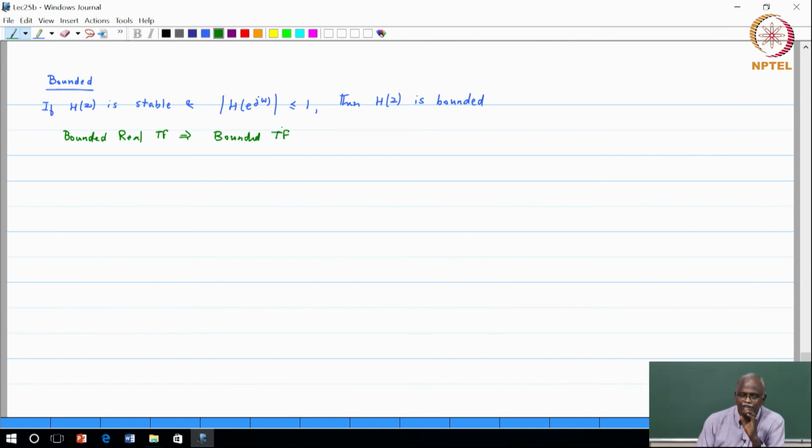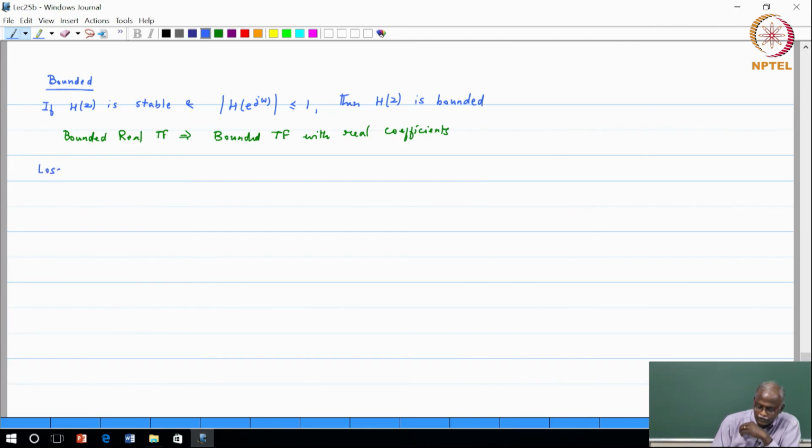Bounded actually has a very strict definition in the context of the signal processing framework that we are dealing with. Bounded transfer function with real coefficients. So we will be focusing on the class of bounded real transfer functions, very useful for us. Of course, the next one that I am going to write down is already known to you.